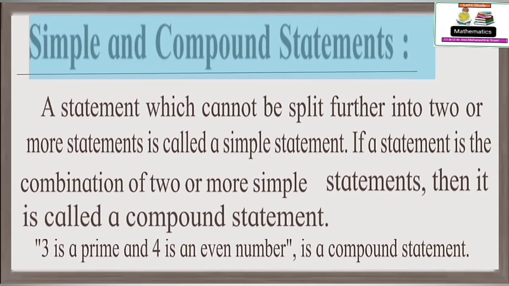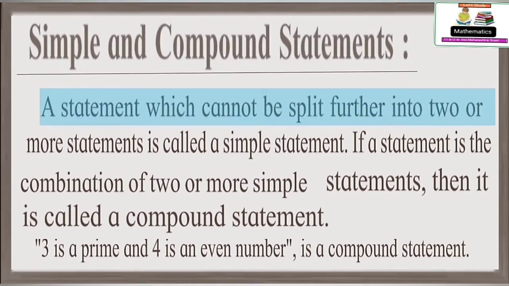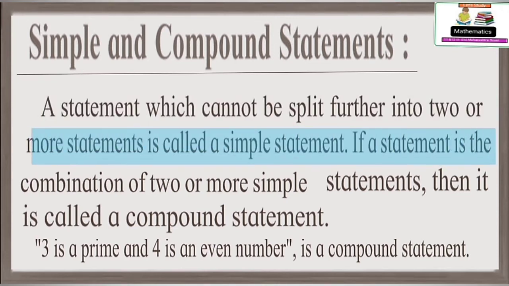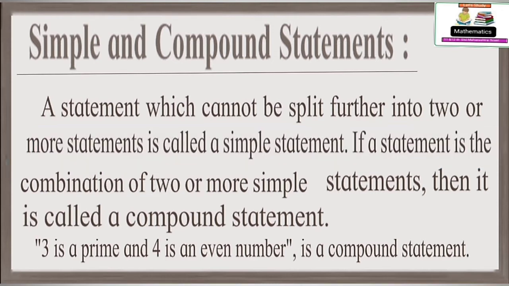Next, simple and compound statements. See here, a statement which cannot be split further into two or more statements is called a simple statement. If a statement is the combination of two or more simple statements, then it is called a compound statement. For example, first, 3 is a prime. This is a simple statement. Another statement is, 4 is an even number.